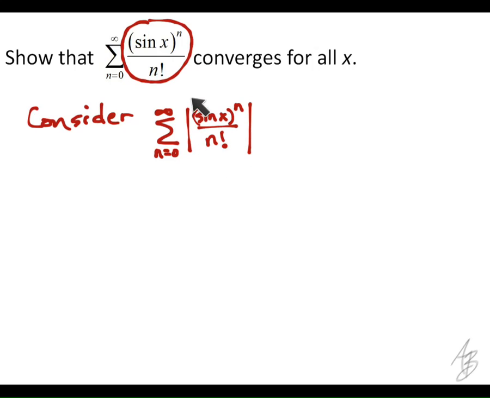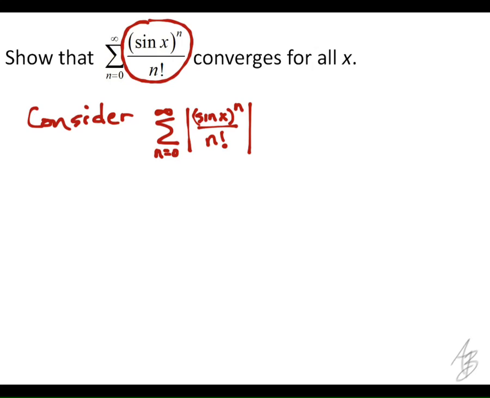If we can show that the series converges even if all of the terms are positive, if we add up infinitely many positive numbers, and they add up to a finite sum, then we know that this series here has to converge. So if we look at the absolute series, then we don't have to worry about whether these terms are positive or negative. Now, with them all being positive, we can use a direct comparison test.